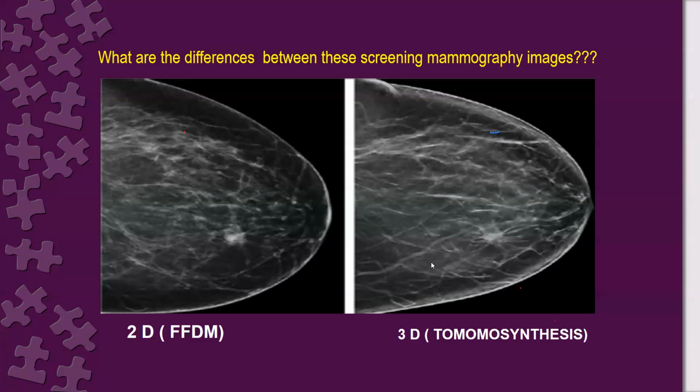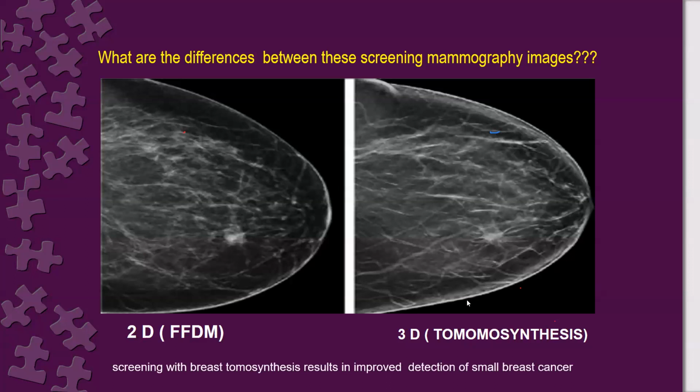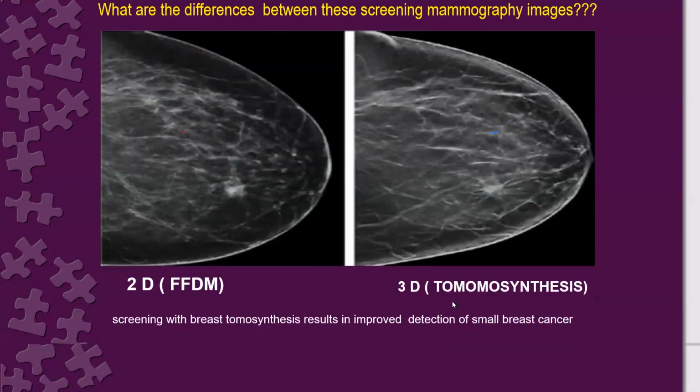More demarcation of the lesion. Yes, more characterization. Here I could see the lesion, but here I could see more of the margins of the lesion. Look for the spicules. Look for these long spicules, the margin of the lesion: further characterization, better delineation and characterization of the lesion. So better detection of small cancer.